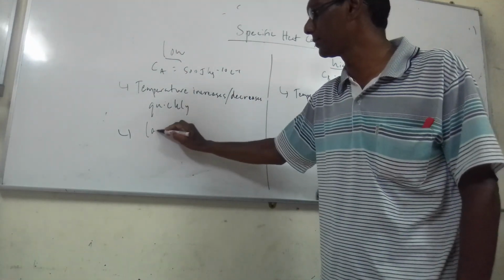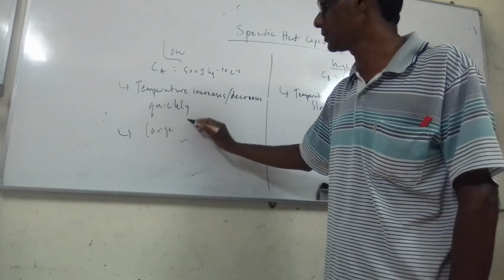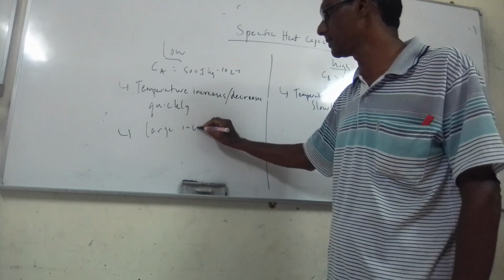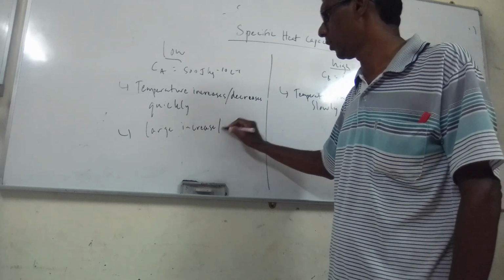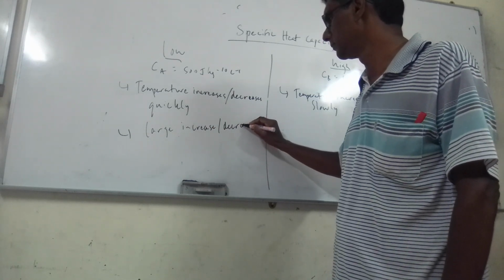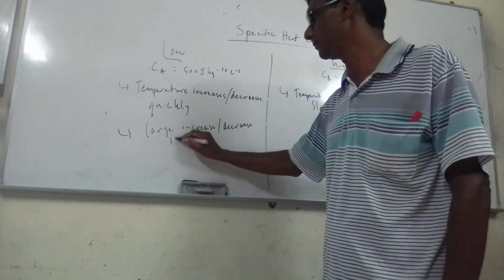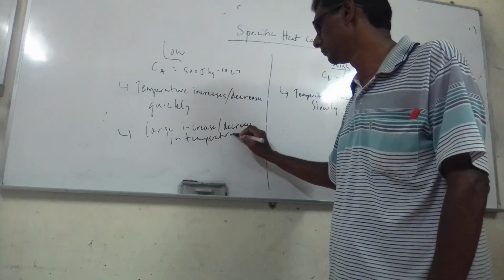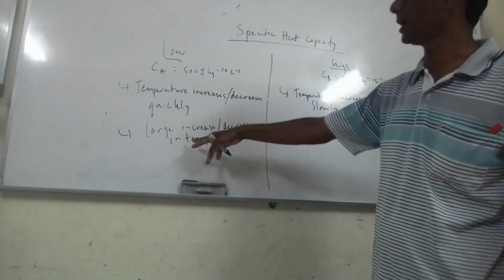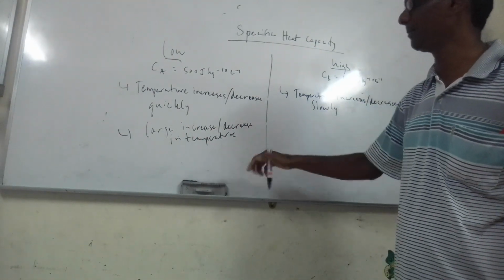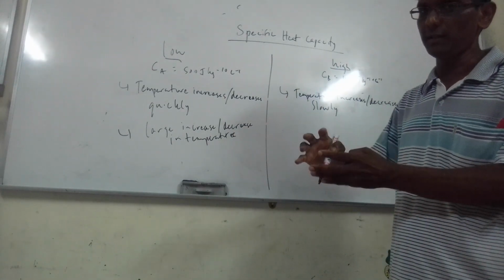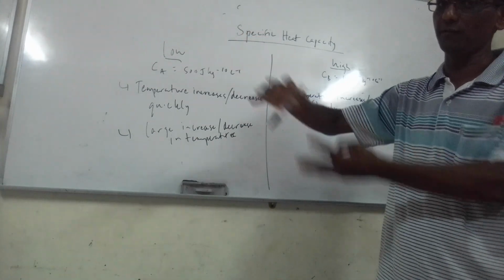Second point: large increase or decrease in temperature. Low specific heat capacity substance has a large increase or decrease in temperature, so much difference.